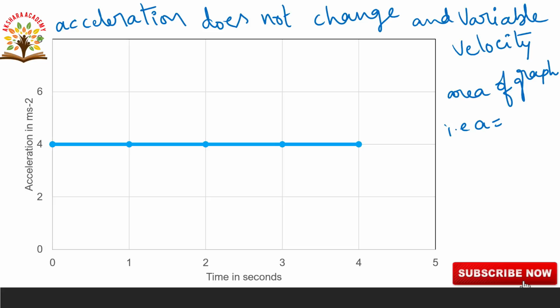Here we are calculating acceleration into time, which gives velocity. So velocity is equal to acceleration into time. From this graph we can calculate the area of the graph. Go to the next one.